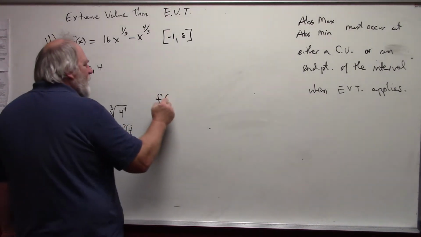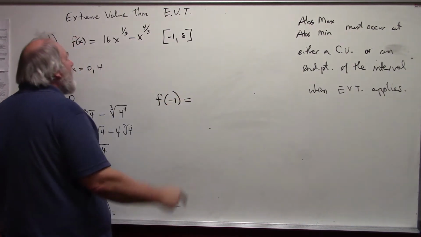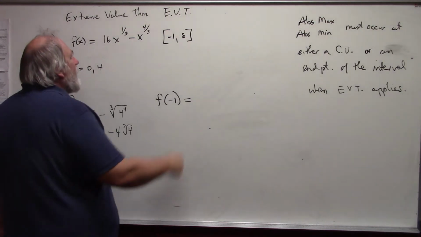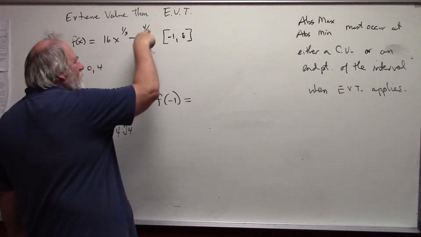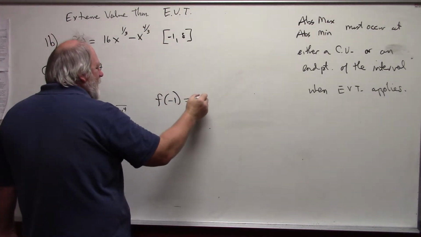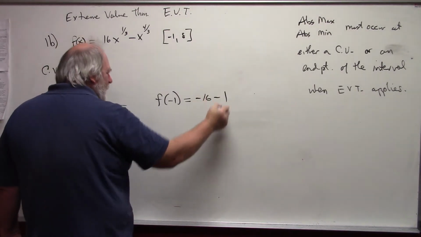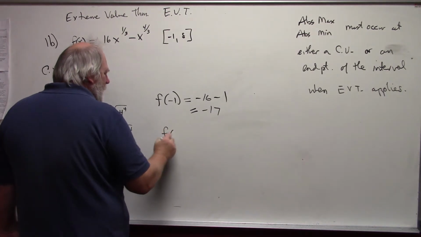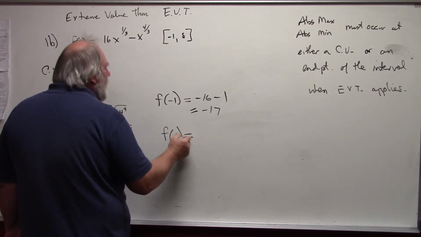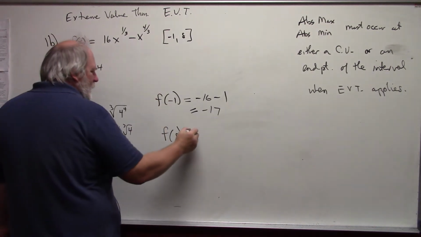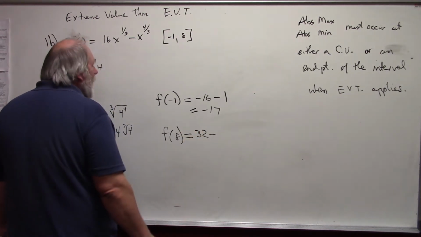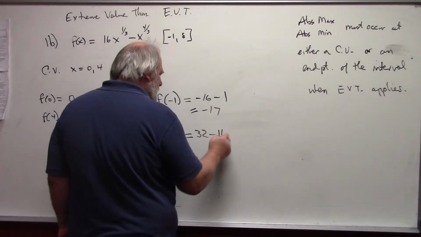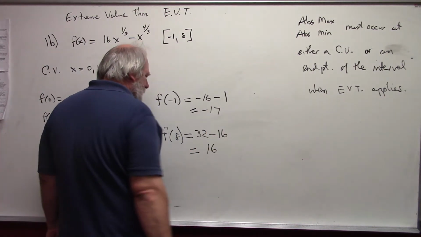Endpoints, f of -1: cube root of -1 is -1. The cube root to the 4th power is +1, so this becomes -16 minus a +1, or -17. And then f of 8, cube root of 8 is 2, so we get 32 minus 2 to the 4th, which is 16, and this value comes out to be 16.